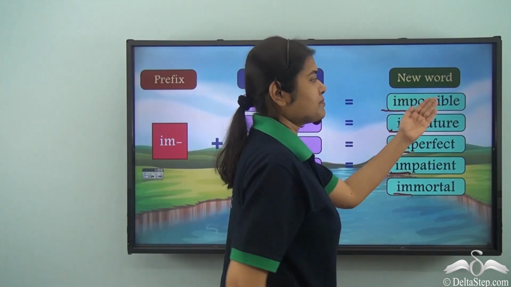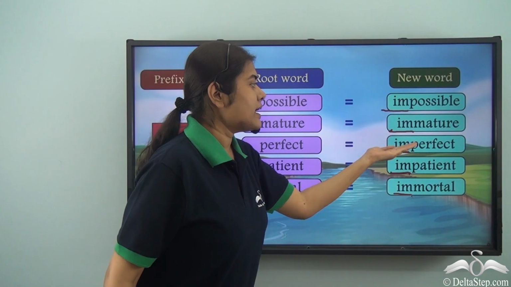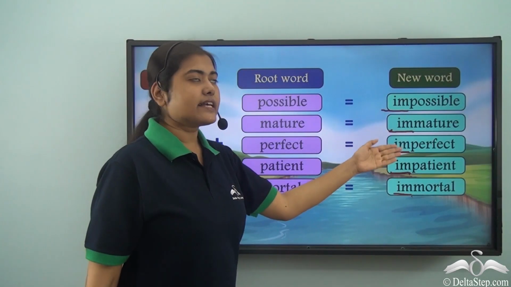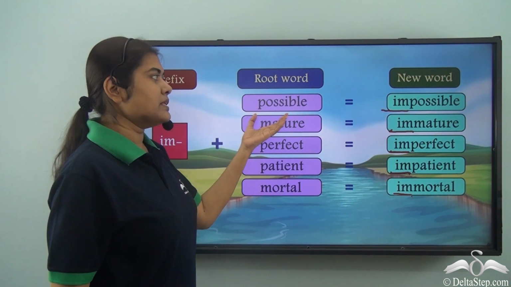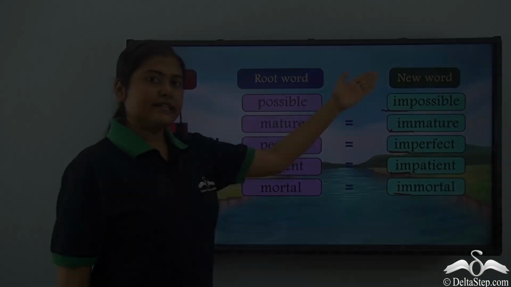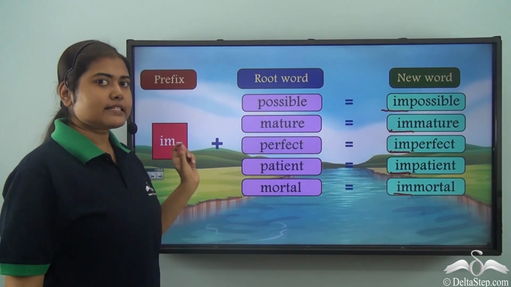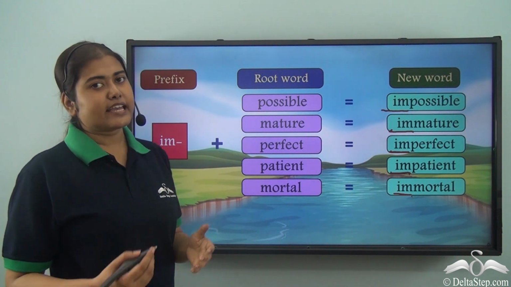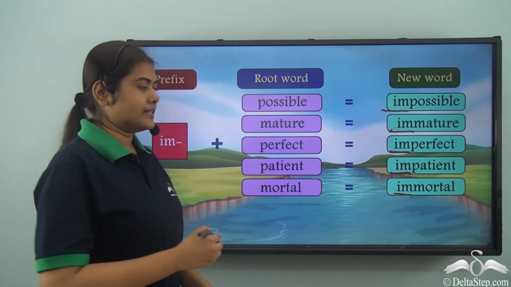So im plus possible becomes impossible. We have immature, imperfect. So all these are giving us the antonyms of the main word. So possible and impossible are antonyms of each other. Antonym has been formed by adding just the letters IM. So IM is an important prefix for making antonyms of words.